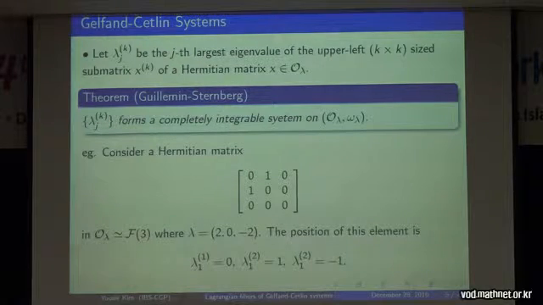The position would be 0, 1, -1, because let's look at the first 1 by 1 submatrix. Then the eigenvalue is obviously 0, so we get 0. And then let's focus on the 2 by 2 submatrix. Let's find its eigenvalues. It turned out to be 1 and -1. So the position of this matrix is 0, 1, -1.